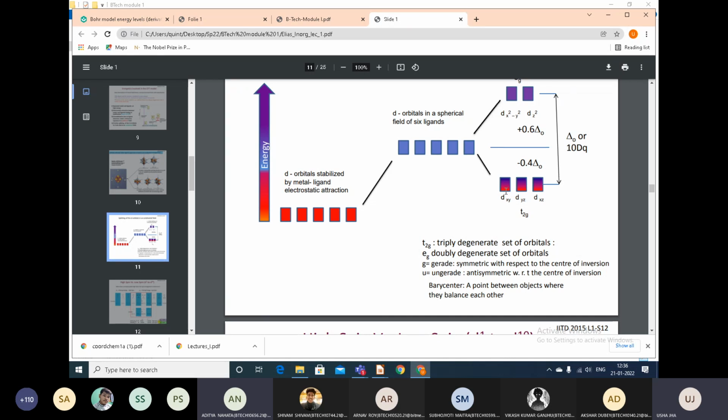Let us say pairing needs 10 kilojoules, but moving into the next empty orbital, although it is a higher orbital, needs 8 kilojoules, an arbitrary figure.